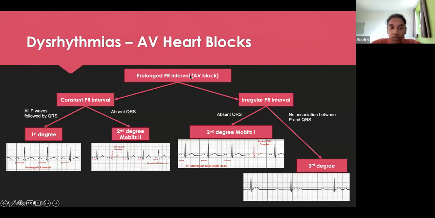Then looking at whether we've got absent QRSs, where you've got constant ones and then it drops, or whether they're just not associated with each other, a good way to tell is that funny little bump in the T wave. You can see that in the fourth complex, you've got those two little McDonald's shaped signs. So that is third degree complete heart block.